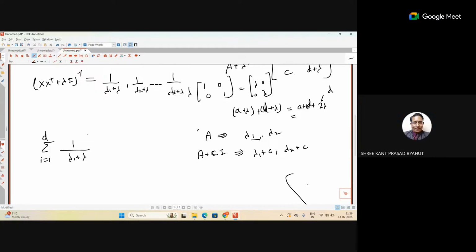You can actually do it and you will get the same thing. And that should be equal to the trace of X transpose plus lambda I inverse, right?